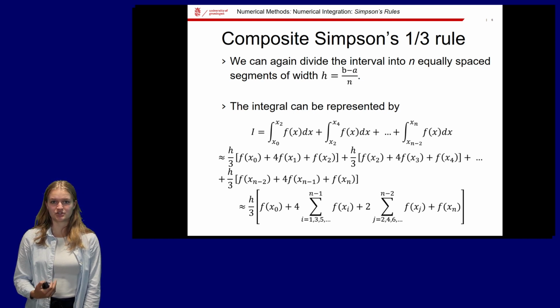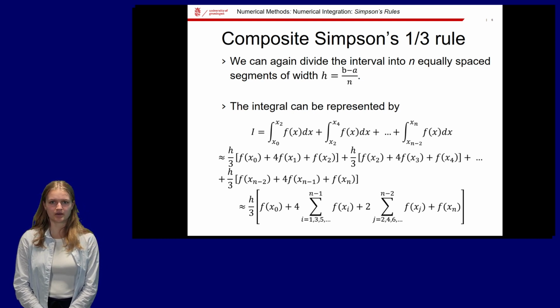It's going to be h over 3 again, and then we'll have these bracketed terms. You sum over the odd integers of i, and you'll see that these values have a coefficient of 4, and for the even values you have a coefficient of 2.